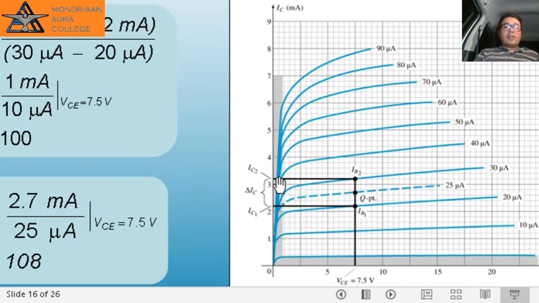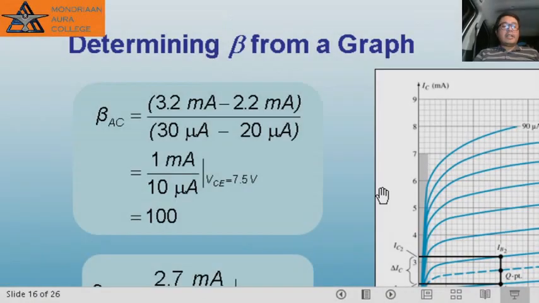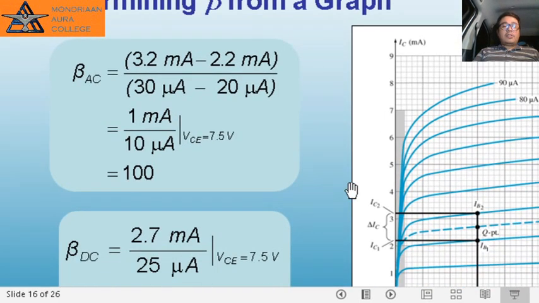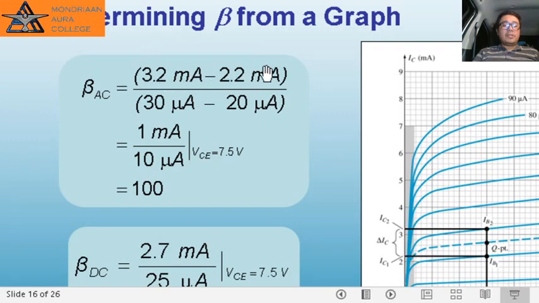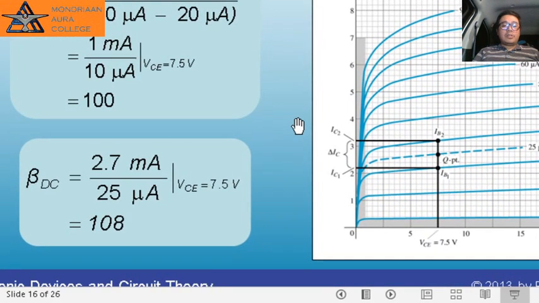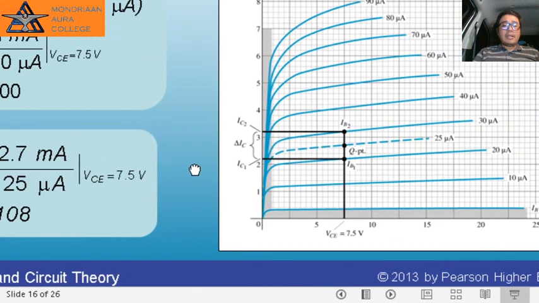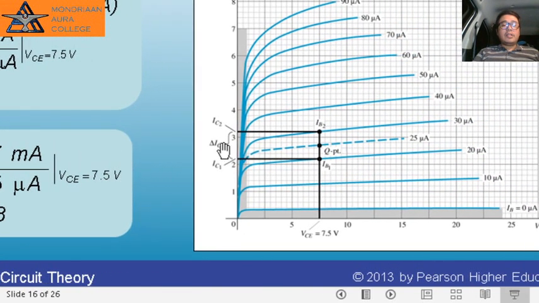This is 3.2. Ito naman, this is 2.2. So, nilagay natin dito, 3.2 milliamperes minus 2.2 milliamperes. So, that is the change in your I sub C. 3.2 minus 2.2 is equal to 1. So, ang sukat ng ating delta IC dito, this is 1 milliampere.